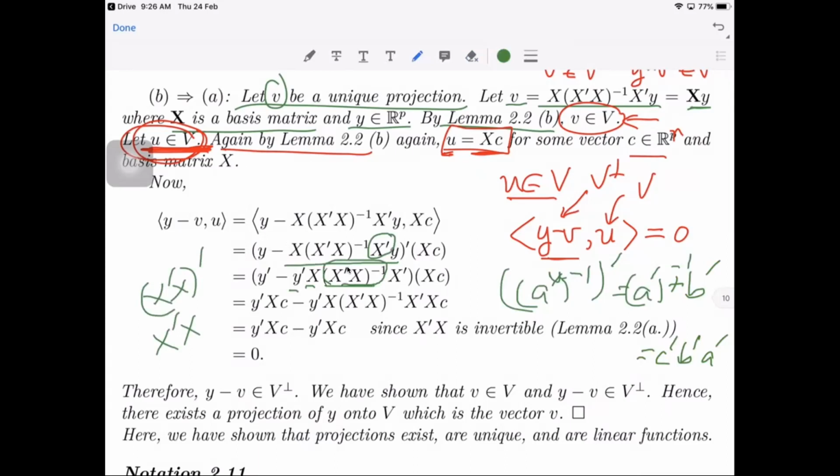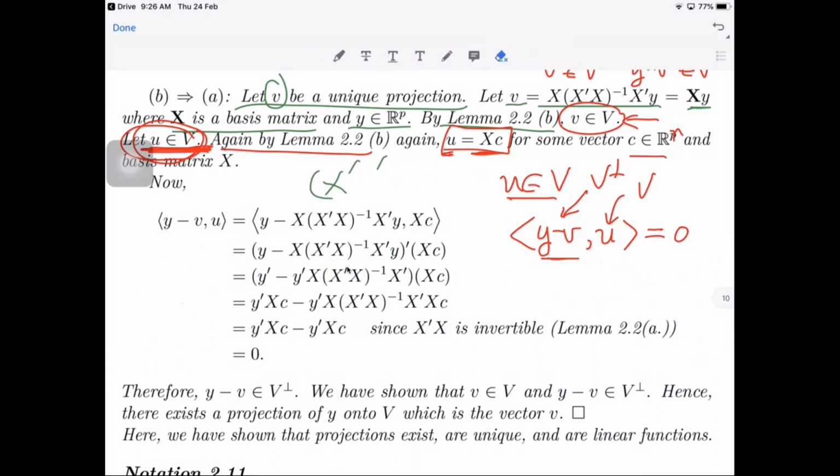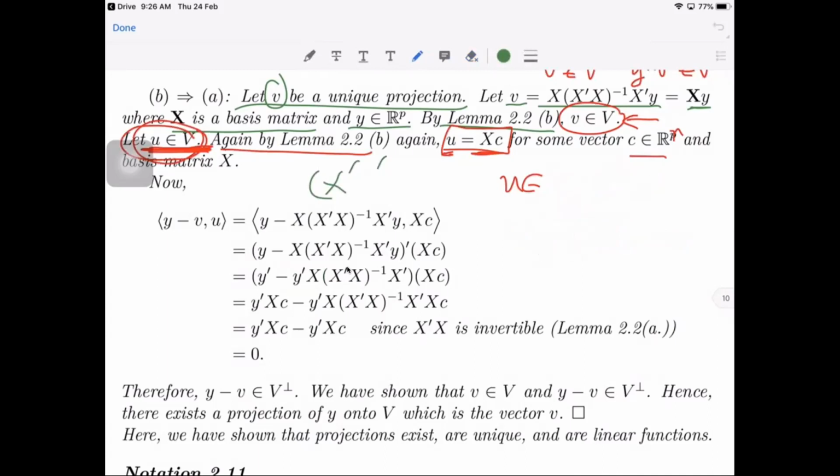Correct? Because x prime prime is just x. So x prime x prime is just x prime prime, which is x. X prime x ra gyapon siya. So x prime is just x prime x. And then this one is x prime. So nakuha ba to?